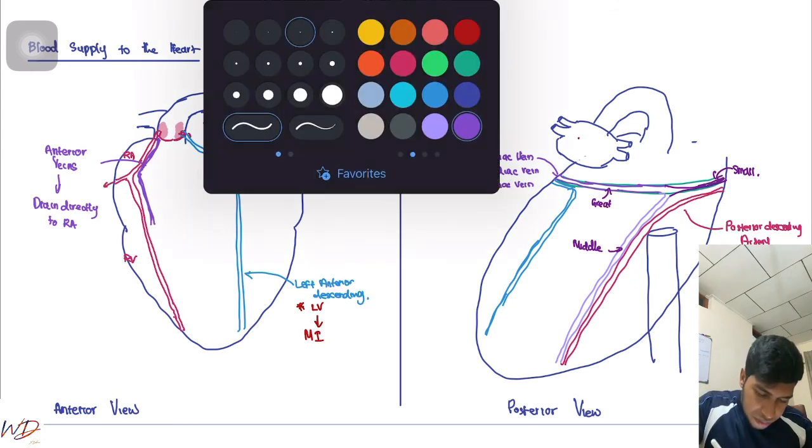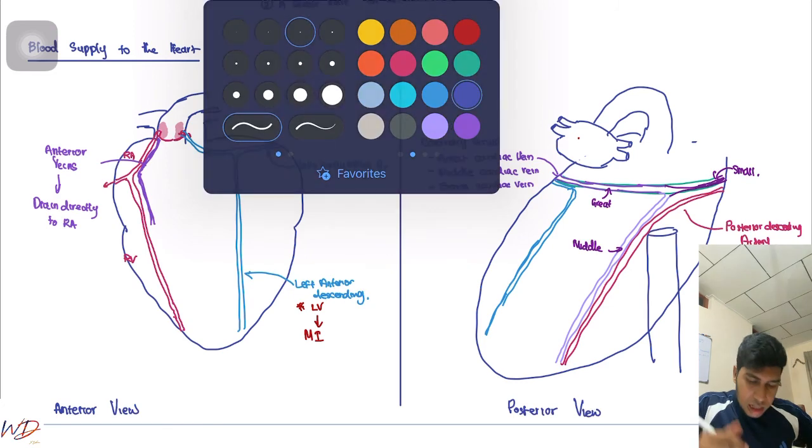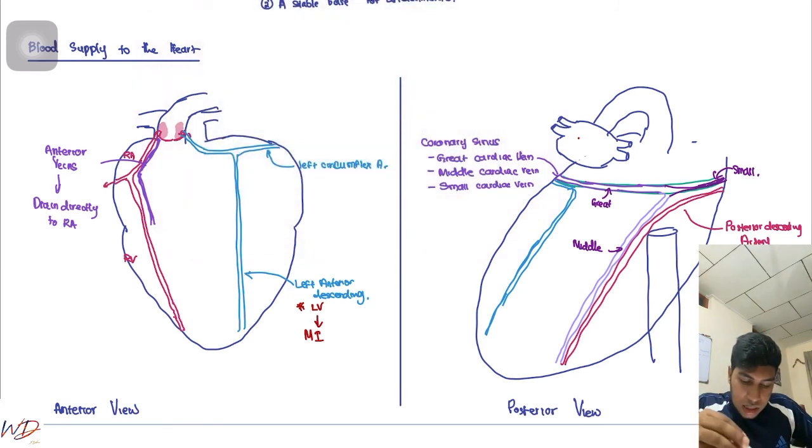In this case, the coronary sinus is the main one, which is posterior.